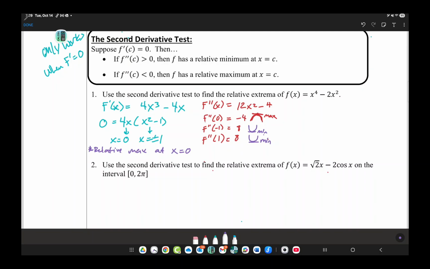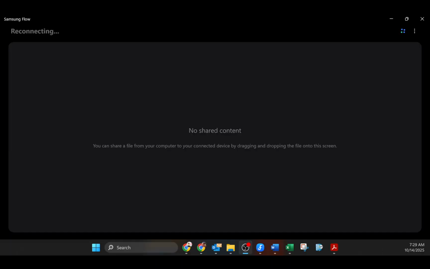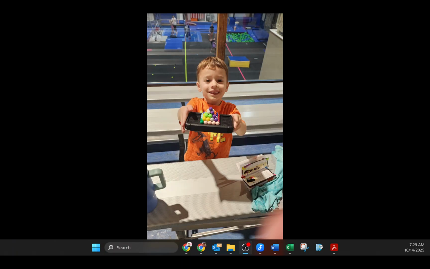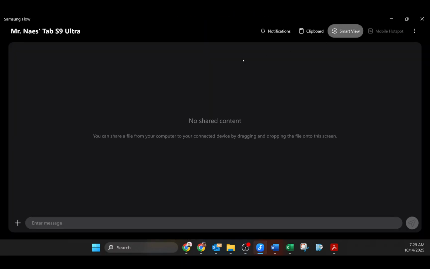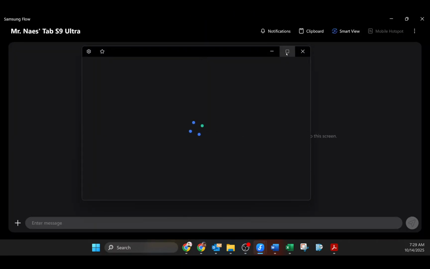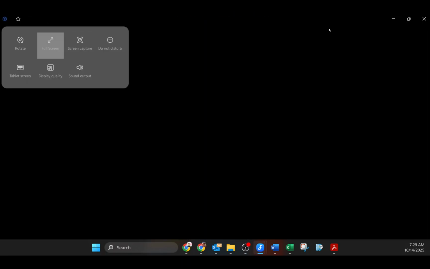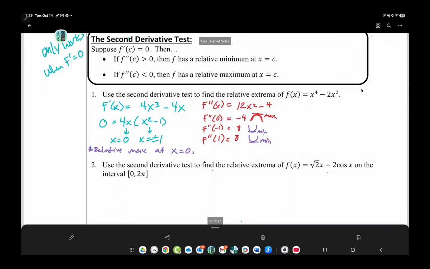All right. Now we do need justification. So our justification is 1, that the first derivative is equal to 0.